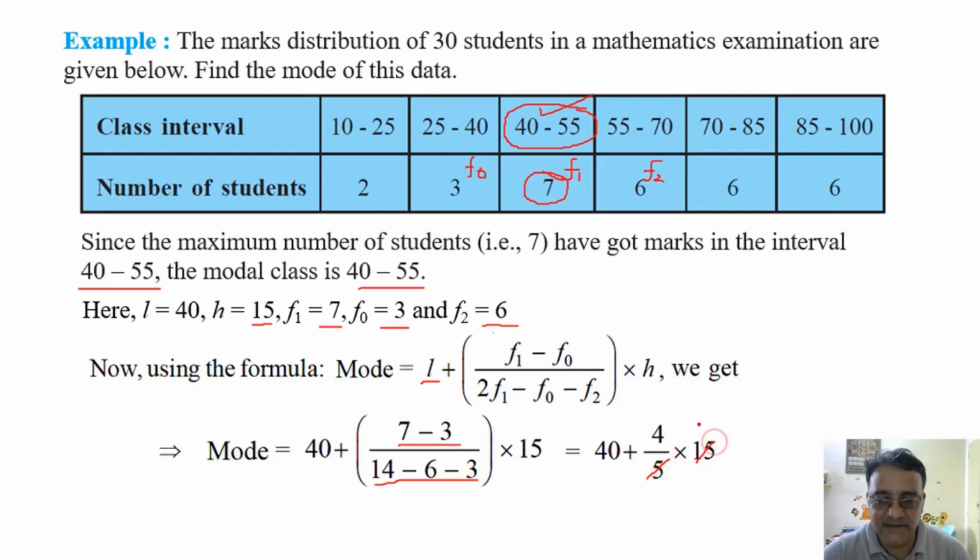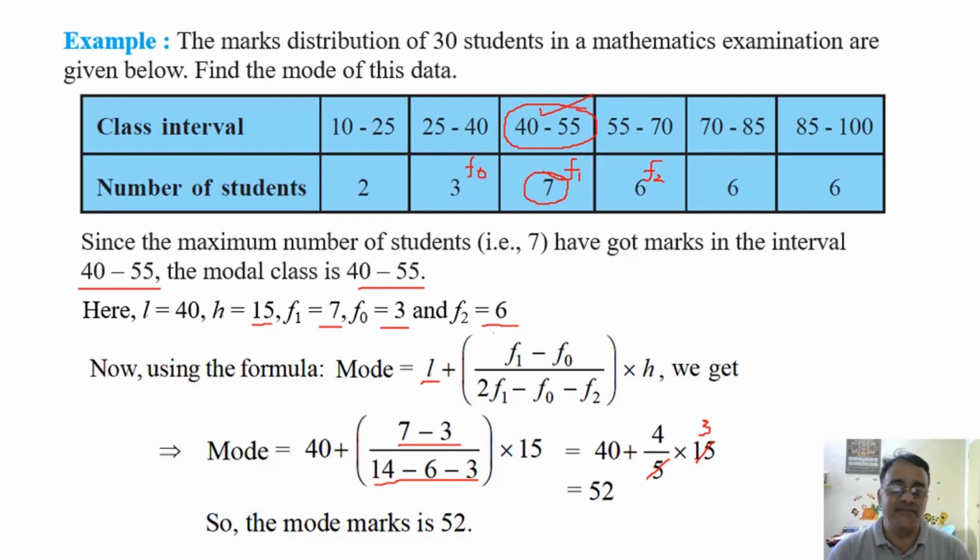This you can cancel. So 40 plus 12. What is the final answer? 52. Hence, the mode marks is 52. So in this way, you have to find the mode. What is important to remember is the formula. अगर formula याद नहीं है तो फिर मुश्किल है.